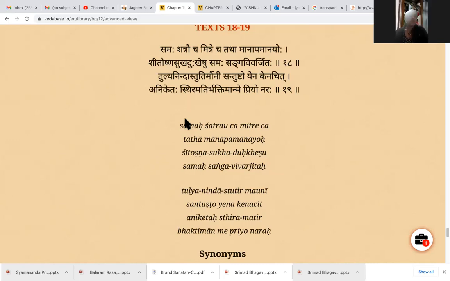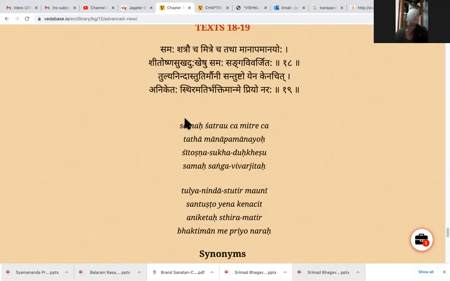Shitoshna sukha-dukkeshu. Samah sangha-vivarjitah. Sama-sangha-vivarjitah.